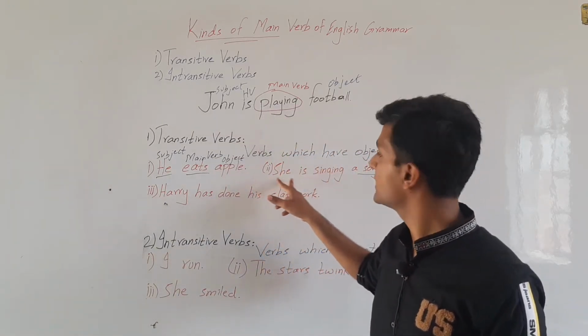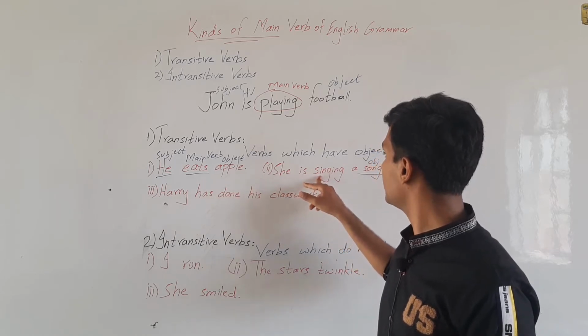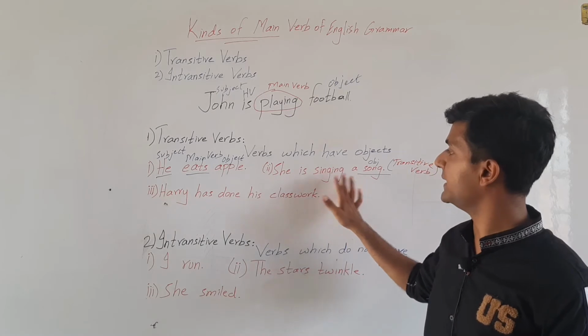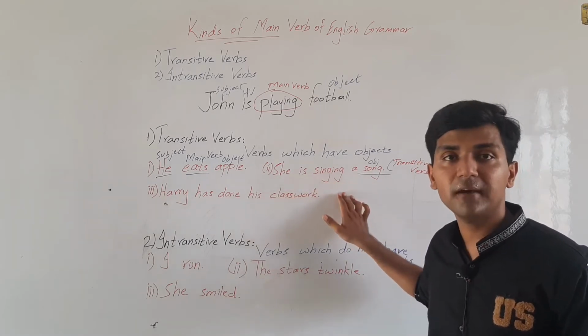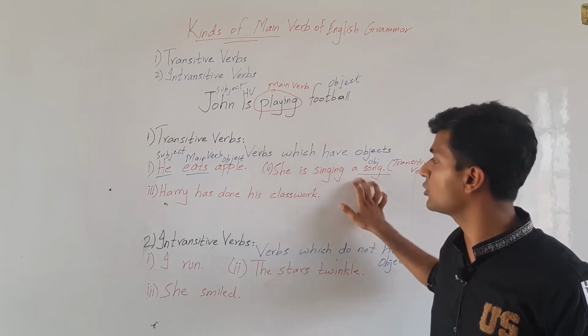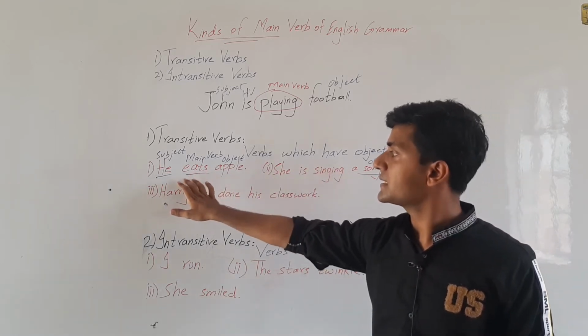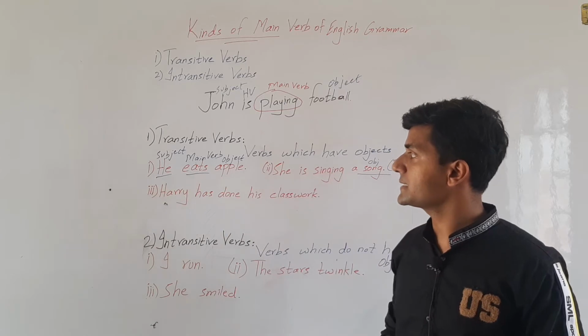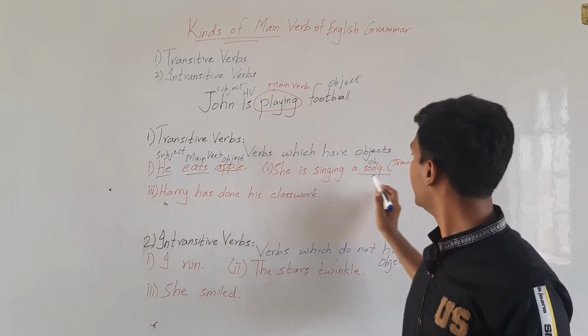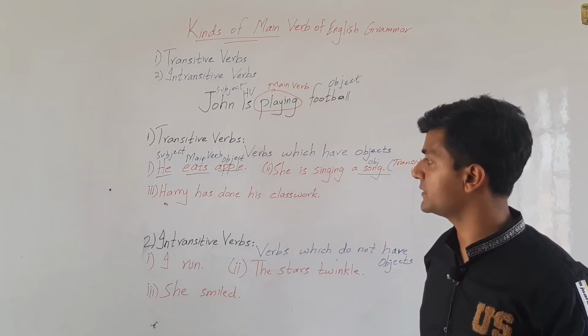She is the subject, is is the helping verb, singing is the main verb, and a song is the object. So this sentence also has an object, as in the first sentence, he eats apple. It also has a transitive verb.